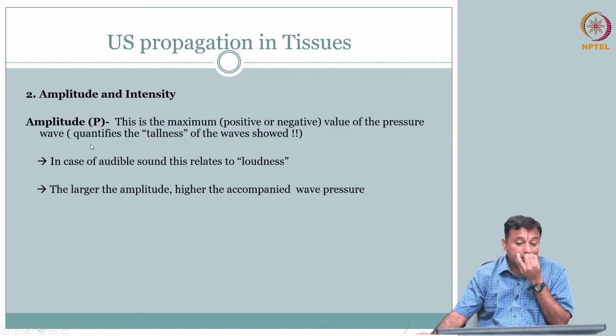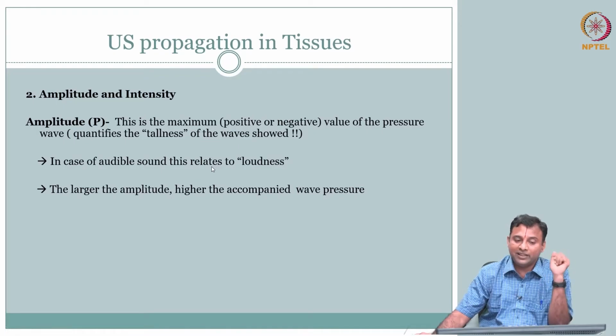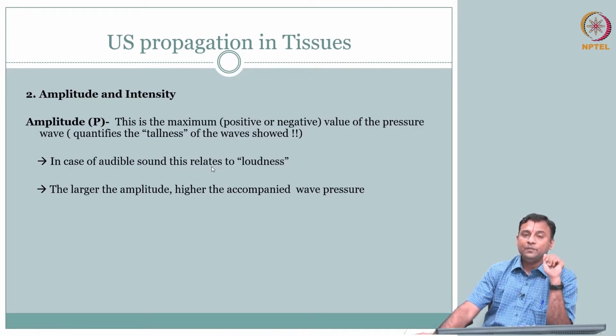What does this do? It quantifies the tallness of the waves that were shown. In some sense you can relate, if you talk about sound, not just ultrasound, because ultrasound is just a different frequency. If you take amplitude of sound, you will relate it to the loudness, increase the volume, decrease the volume, that has to do with your amplitude.